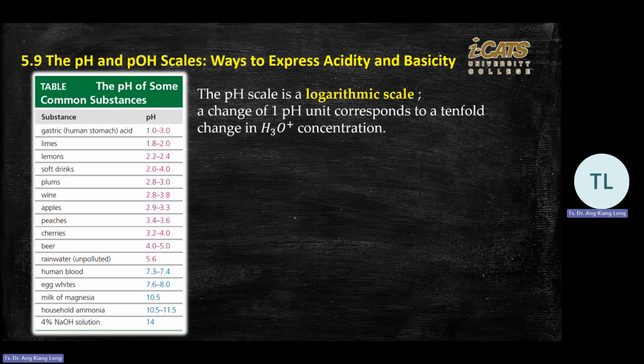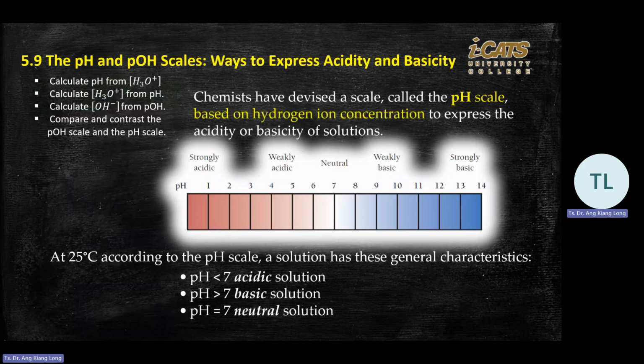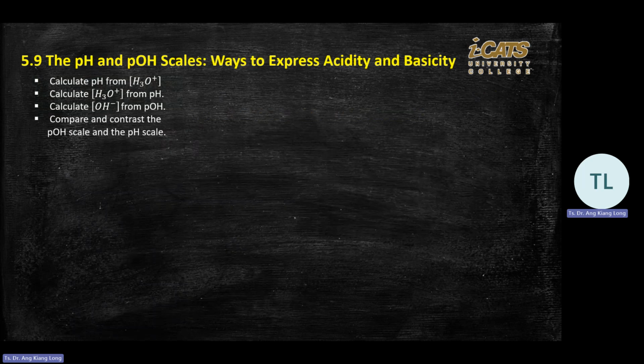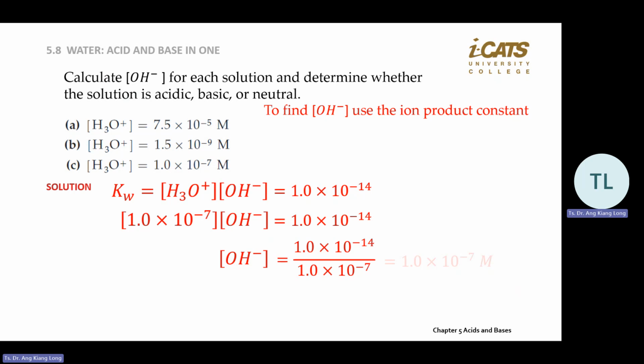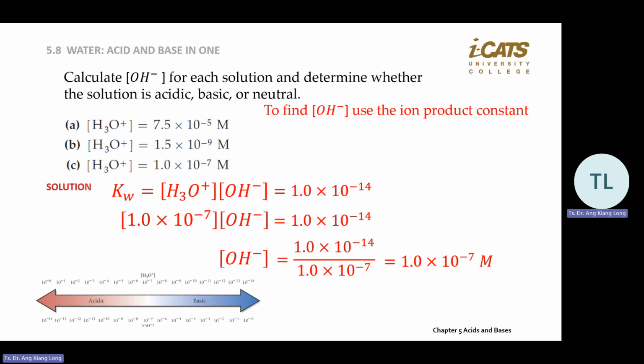From there, you will need to refer to the pH scale of this one. I will give you. You will see this chart in the exam. You tell me whether it's acid or base.